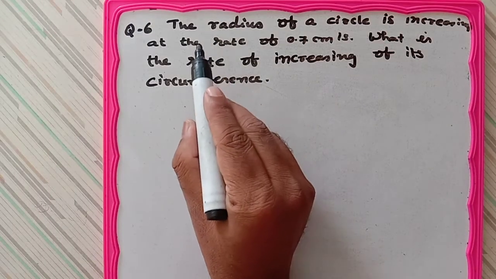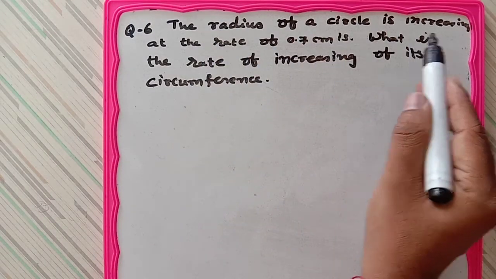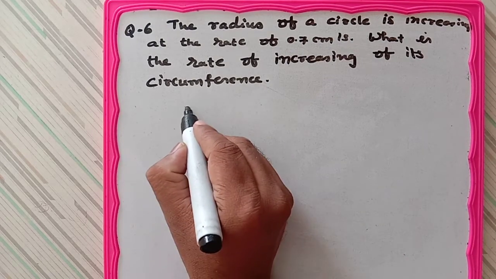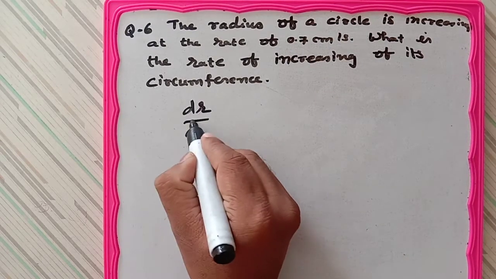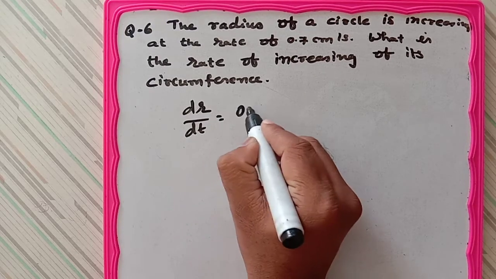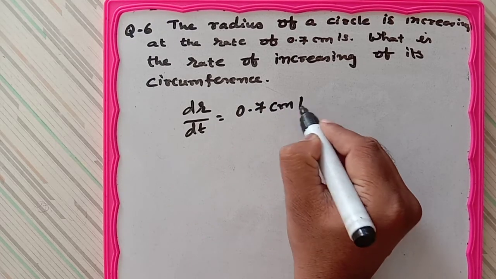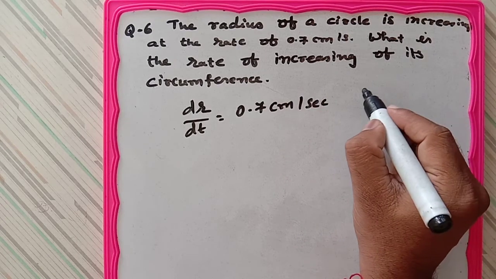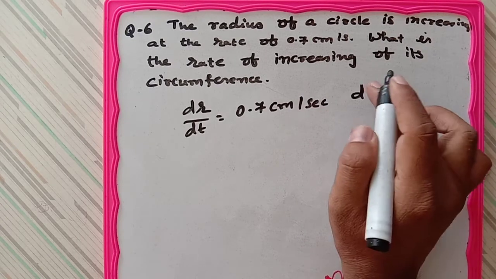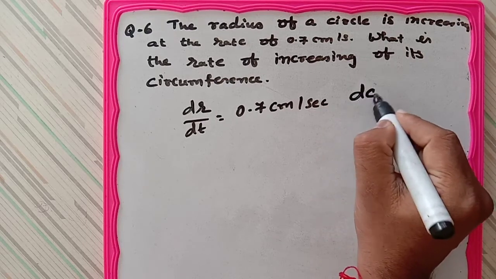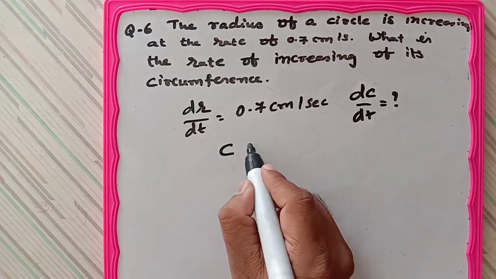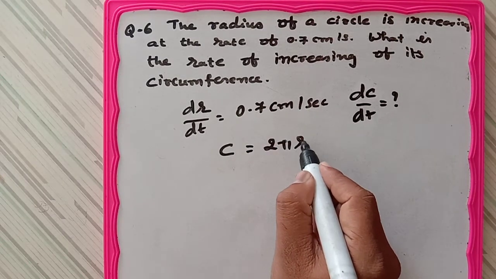Now the sixth question we have: the radius of a circle is increasing at the rate of 0.7 centimeter per second, meaning dr/dt is given as 0.7 centimeter per second. What is the rate of increase of its circumference? So for circumference we have to calculate dC/dt. The circumference of a circle, we know the formula, is 2 pi r.